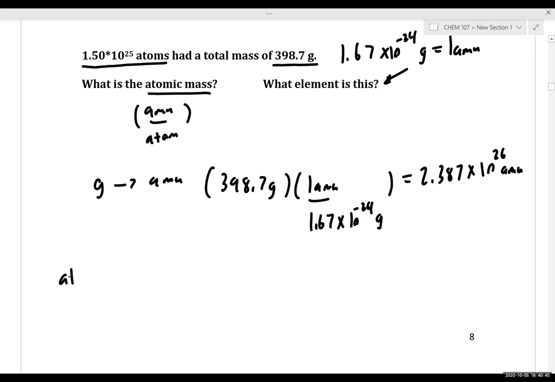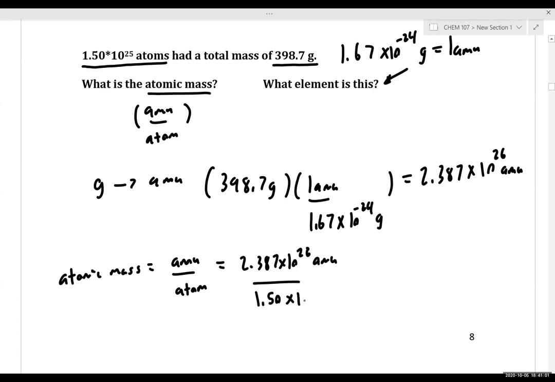Now to calculate our atomic mass, we need the mass in AMU per atom. So we take our mass in AMU and divide it by the number of atoms.